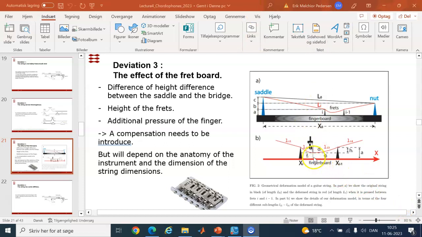Fingerboard here, pressure. Okay, I try to read it. Geometrical deformation model of a guitar string.